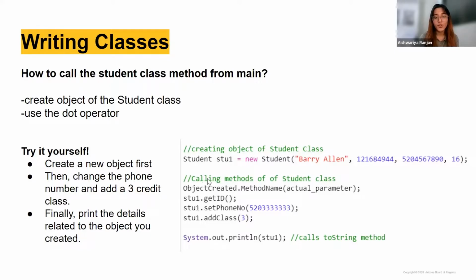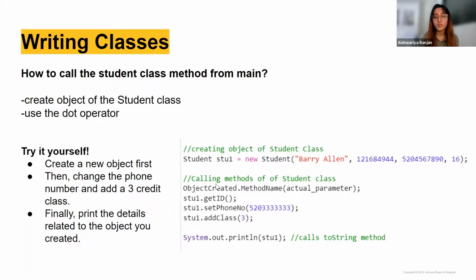So we have to call the method to change phone number, right? This is the basic syntax for calling the methods. You have the object created dot method name, and in the brackets, actual parameters if needed. I just have student1 dot get ID as an example. You have no parameters over here because the get ID method didn't need any.